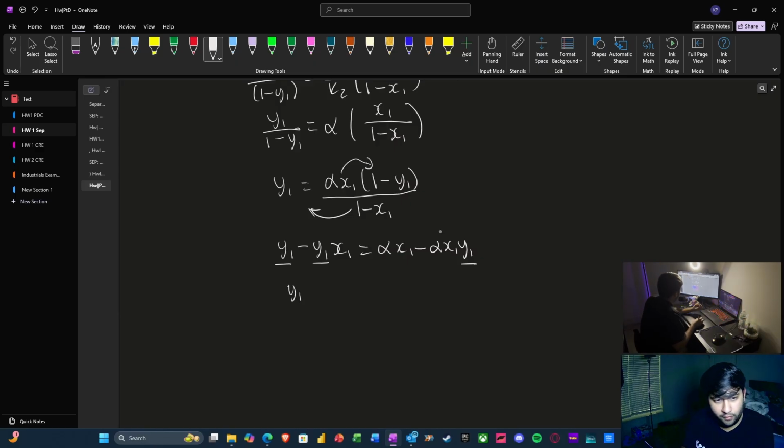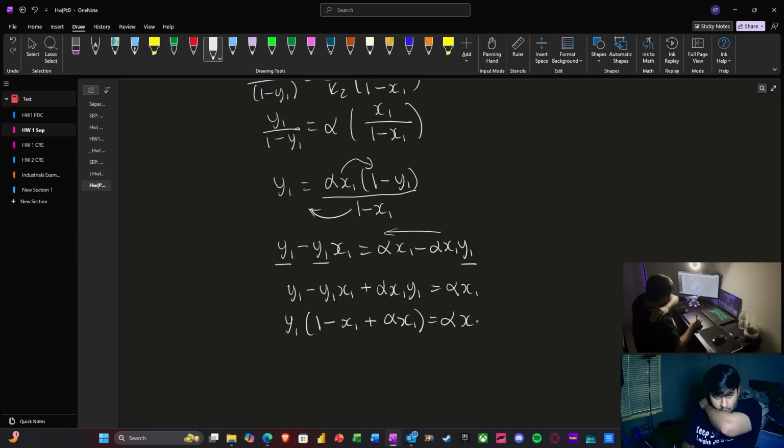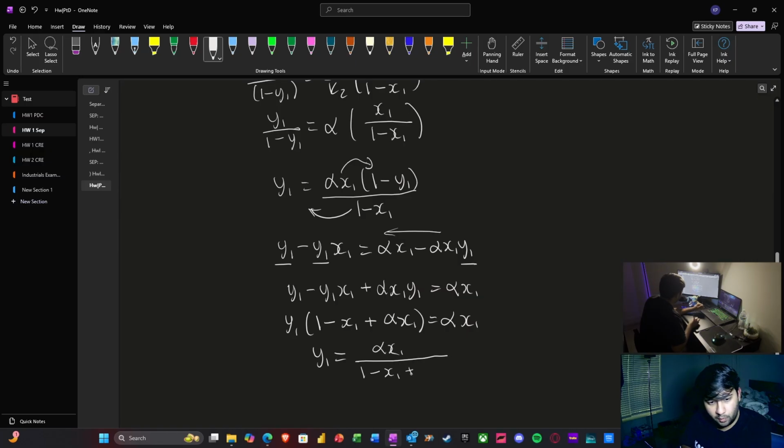We're going to go ahead and move this over, and we're just going to separate this out so we have a nice clean equation to work with. And y1 will equal alpha times x1 over 1 minus x1 plus alpha times x1.